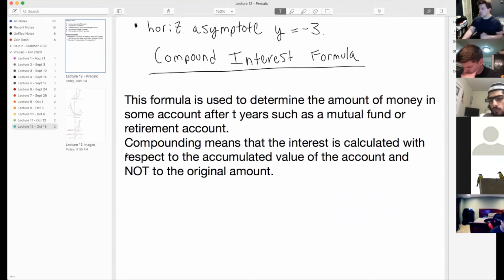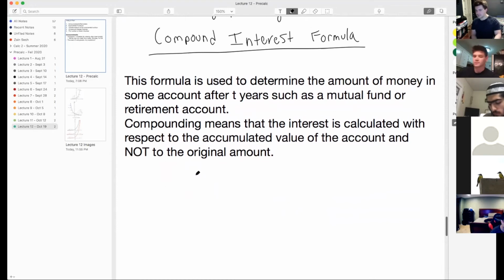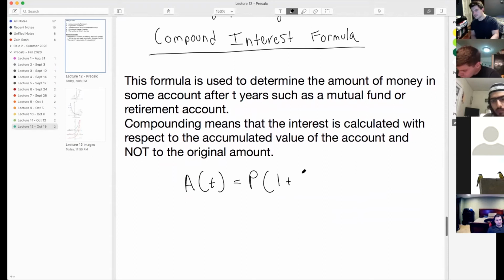What is it used for? What is the formula? All right, so here we go. The formula is A of t equals capital P multiplied by 1 plus r over n to the n times t power.